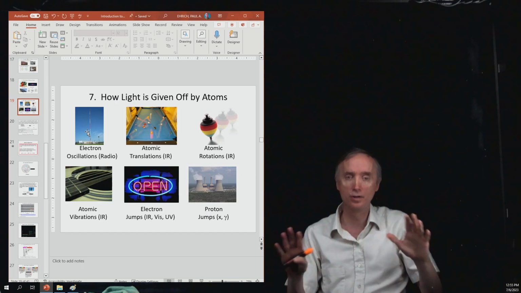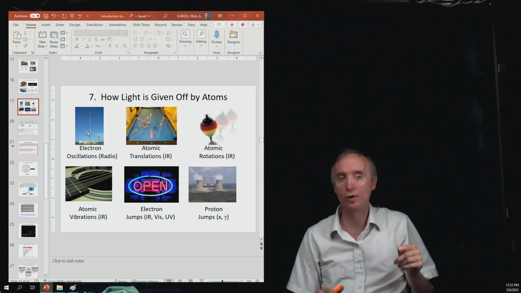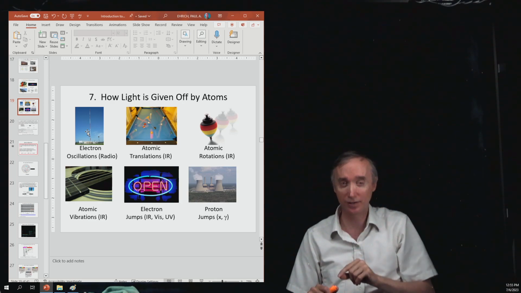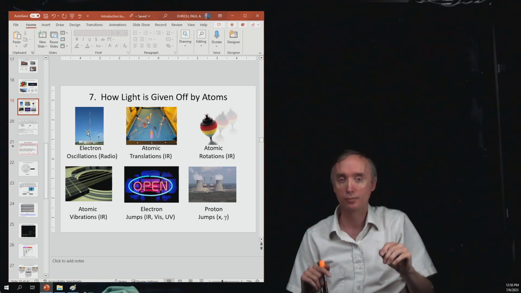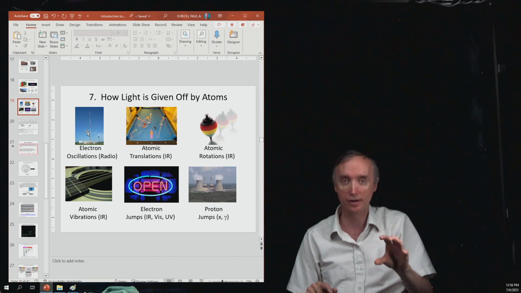Now, out of all of that, the one I want you to remember for the exam is what the electrons do. The electrons jumping up and down in their energy levels produces visible light.